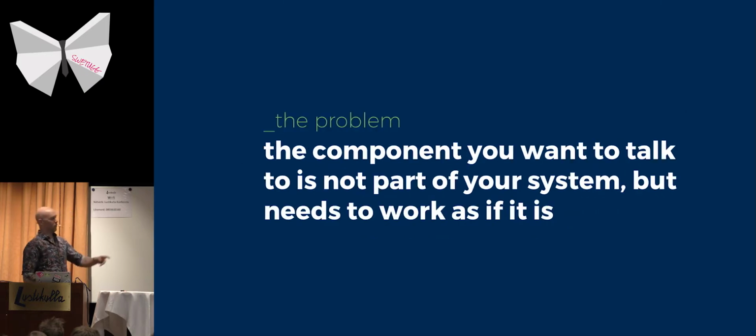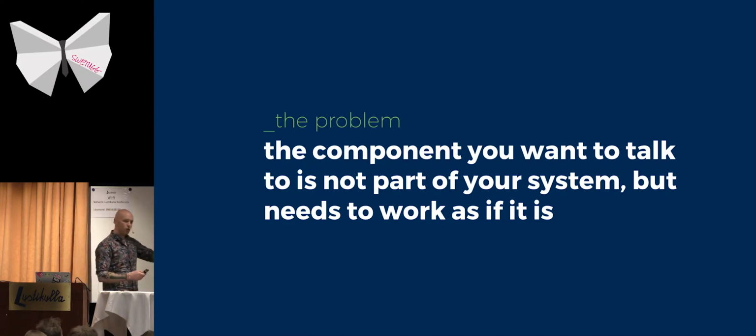Actually, I think the problem statement is here, sorry. The component you want to talk to is not part of your system, but needs to work as if it is. It can be some other things as well, but that's the general description. So you need an object that when you work with it, you think you're working with something that's there. It's something you have in your system and you just call things on it.